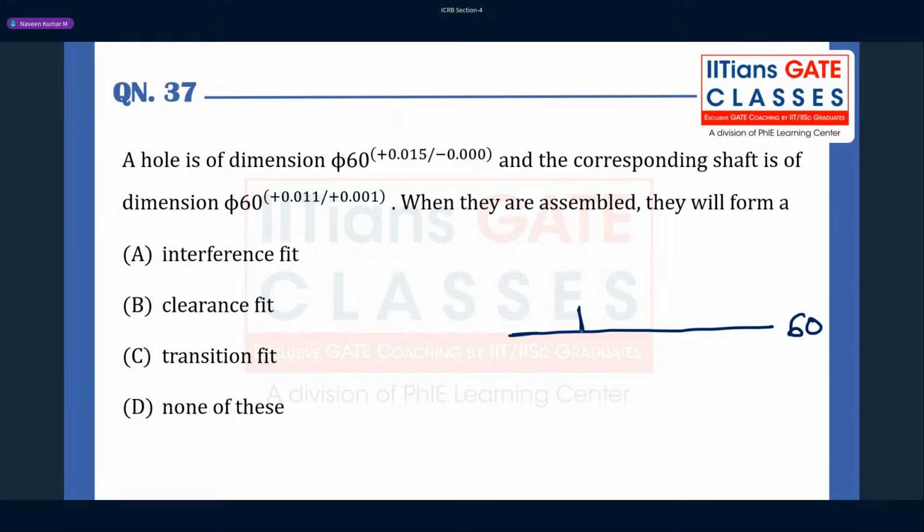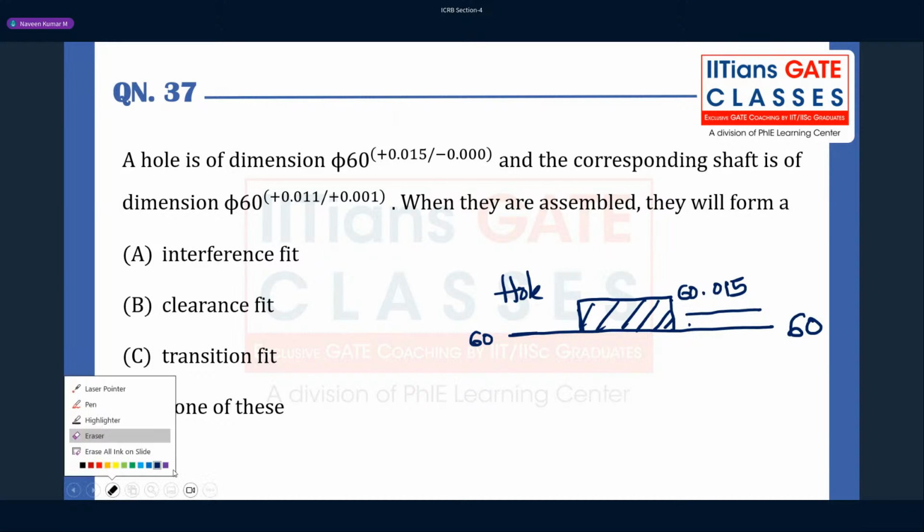So the tolerance of the hole is this much, and this is 60 itself, and this is 60.015. It is the hole tolerance, right? And for the shaft tolerance, what are they saying? 60 plus 0.011, and in the sense like they're talking about here, that is 60.0, 60 point this much. And the minimum is 60 minus, so here it is something like this.